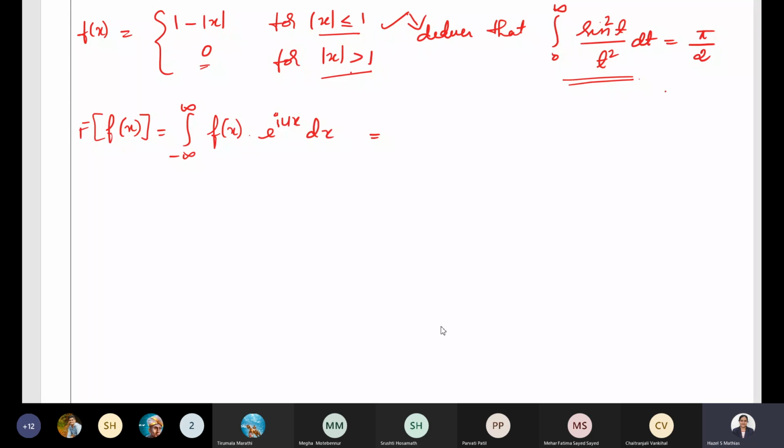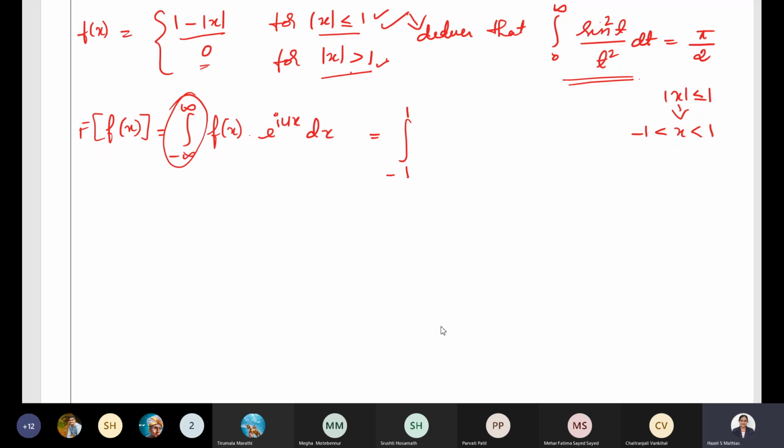So what do you mean by mod x less than or equal to 1? I have discussed this in the previous class as well. Mod x less than or equal to 1 means x lies between plus 1 and minus 1. So when x lies between plus 1 and minus 1, this integral is converted to minus 1 to plus 1, because it is defined as 1 minus mod x for all the values of mod x less than or equal to 1.